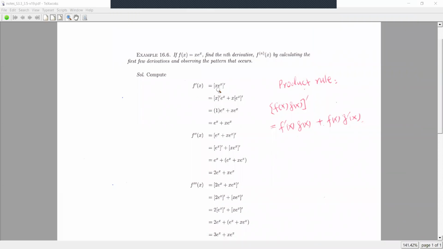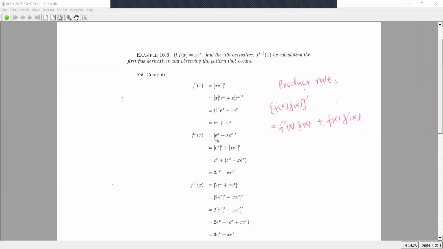The function is a product, so by the product rule, we have this equation. The derivative of x is 1, and the derivative of e to the x is e to the x. So this is the result of the first derivative.